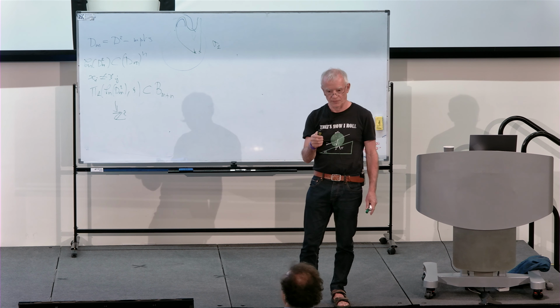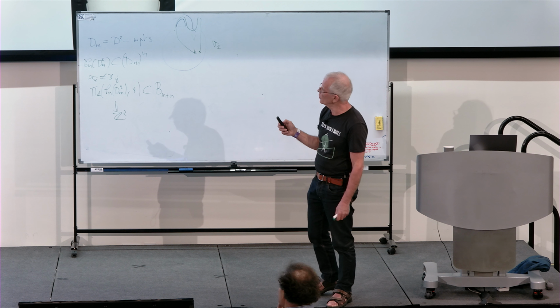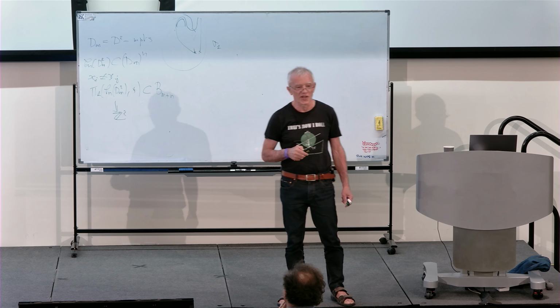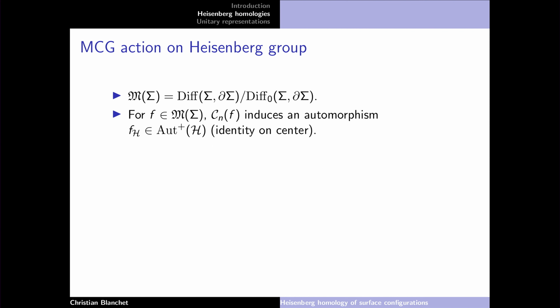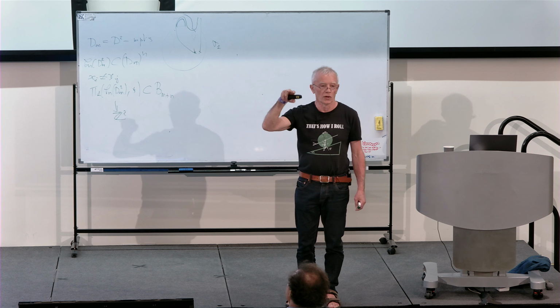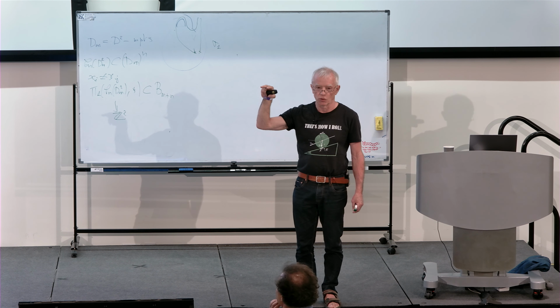It's Heisenberg. So now, it's interesting to understand how this mapping class group is acting on Heisenberg, because this will be responsible for an isomorphism on the local coefficients, for a twisting. So for f, a mapping class, represented by a diffeomorphism, you can take the corresponding map at the level of the configuration. f also acts on cardinality n subsets in configurations.